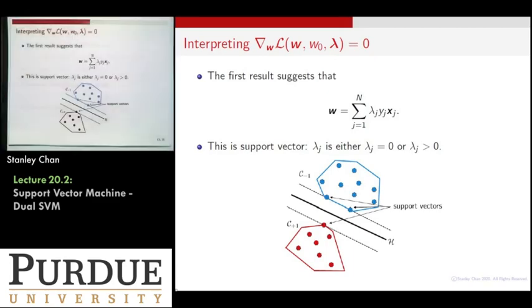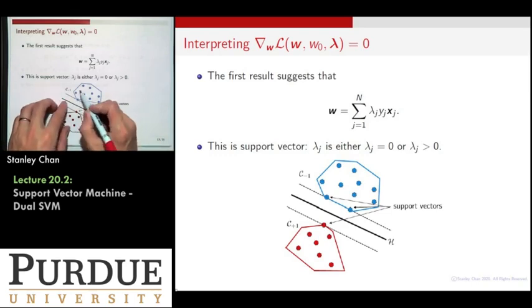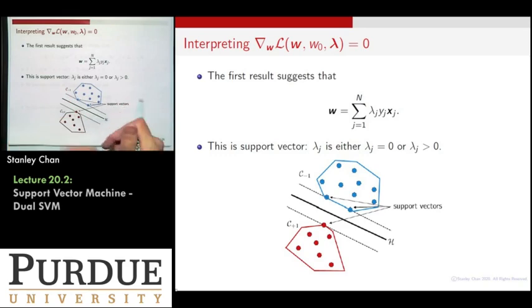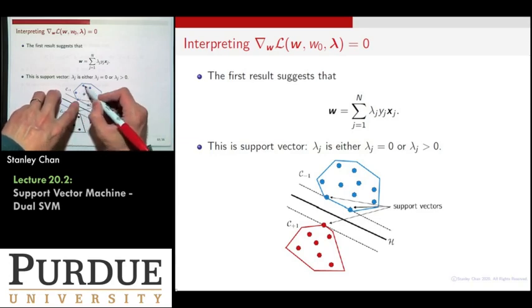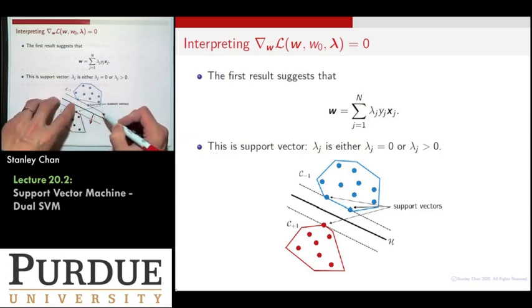So what is the picture here? The picture says that, let's say I have a group of data points. My solution, this boundary and this normal vector, will be defined according to the vectors specifying all these data points.